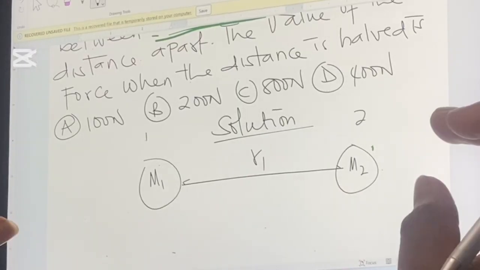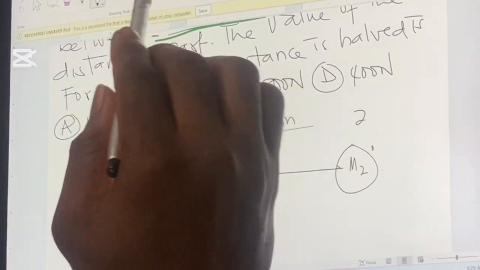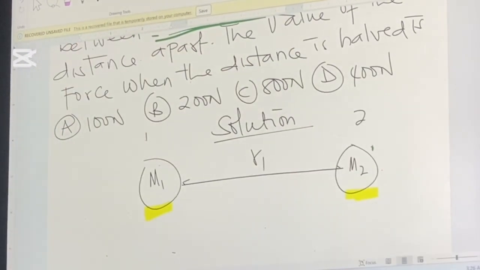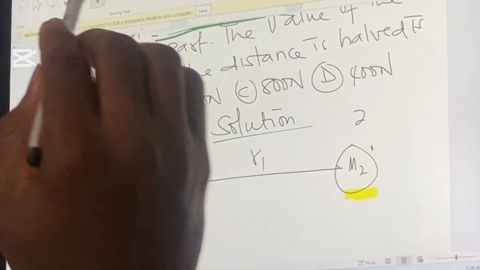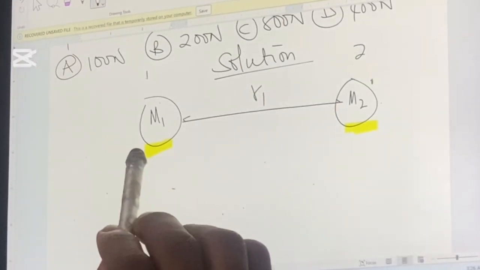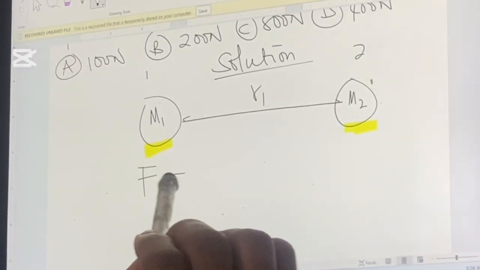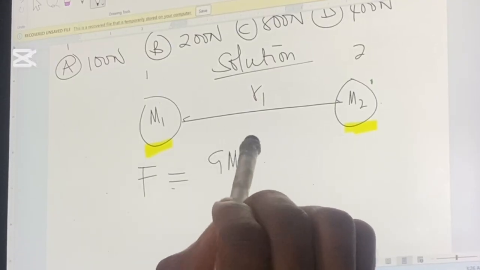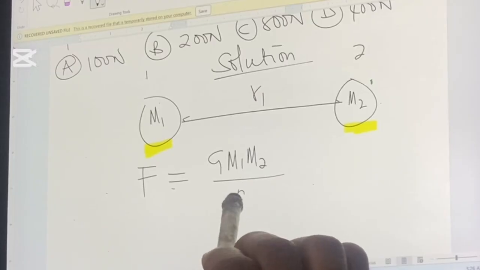Class, whenever you are asked to find the force between two masses, either m1, m2, or any mass, we apply Newton's universal law of gravitation. Please take note. Mathematically, the law can be written as F is equal to G, which is a constant value, m1 m2 over r squared.